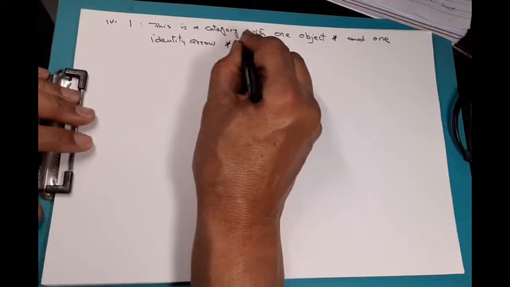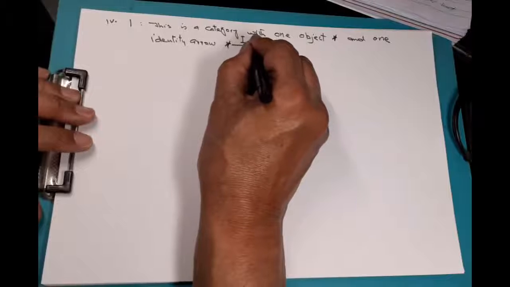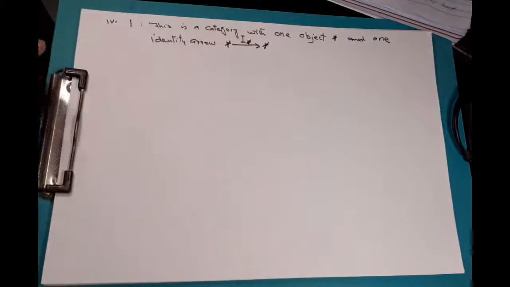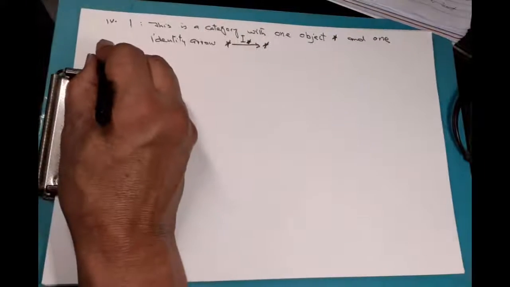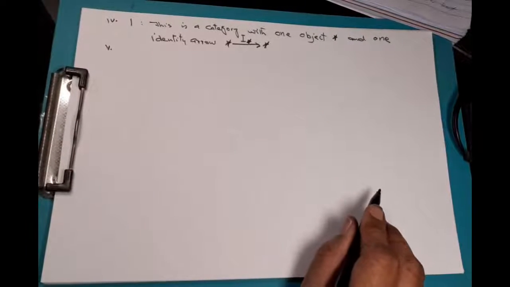And as we have done in our previous examples, we can denote it by this particular symbol. So this is a category again. You can check it. It satisfies all the conditions of categories.